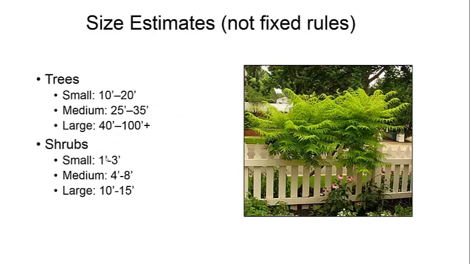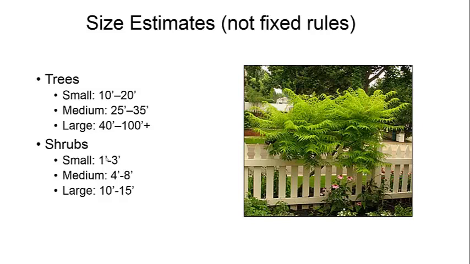So I thought it would be useful also to talk about size classifications here as well. There are some general rules or guidelines or estimates for how large things are when we say a small tree, for example, but these aren't really fixed rules. Small trees anywhere from 10 to 20 feet, medium trees 25 to 35, and then large trees basically 40 feet plus, and then shrubs, small, medium, and large.